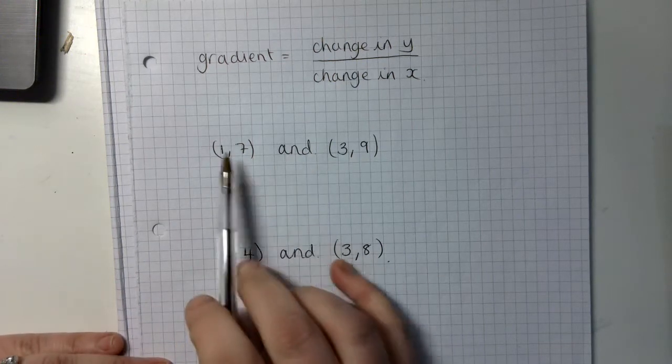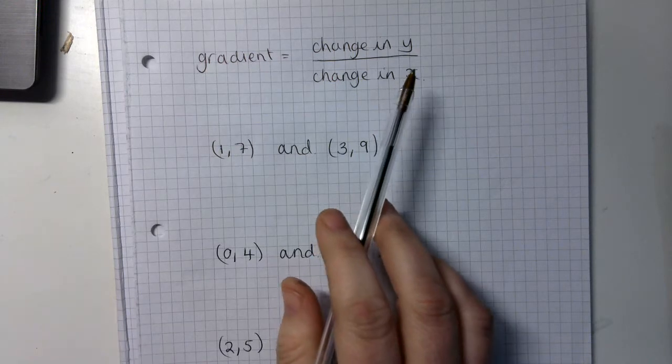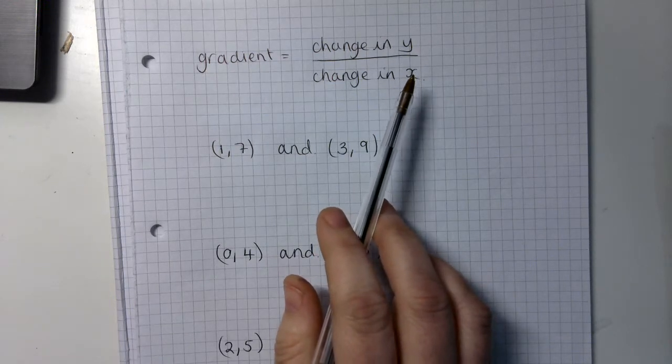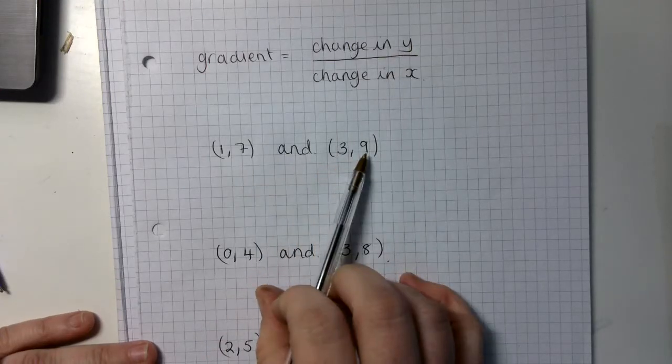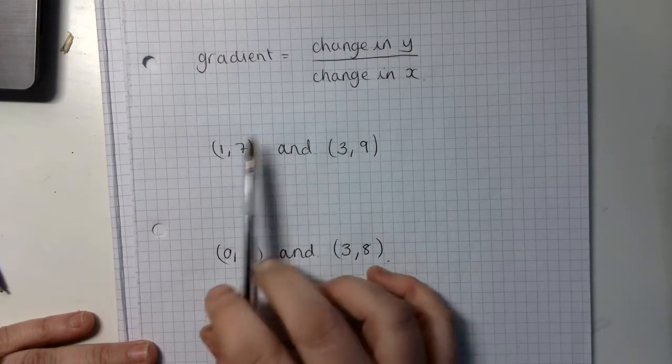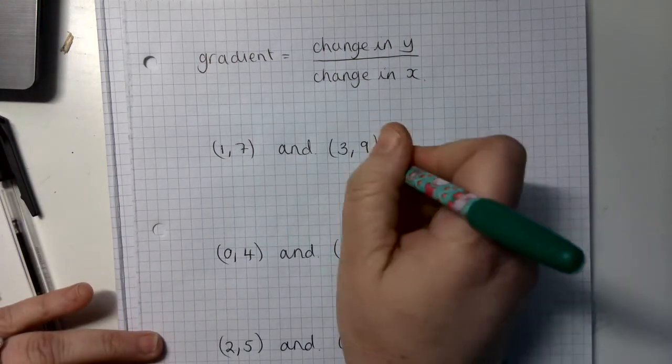Okay, so you've got these two here. Remember, it's the change in y divided by the change in x. So we look at the y first, because that's on the top, and we look at the second coordinate and we take away the first one. So remember, this is your y coordinate here.